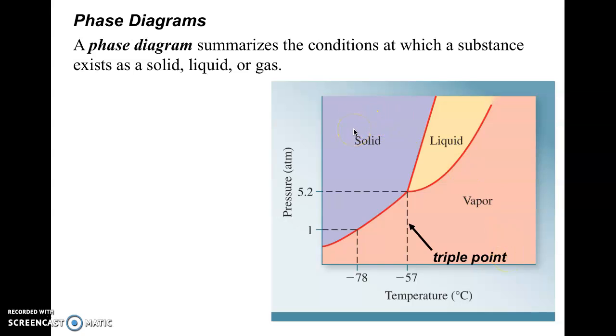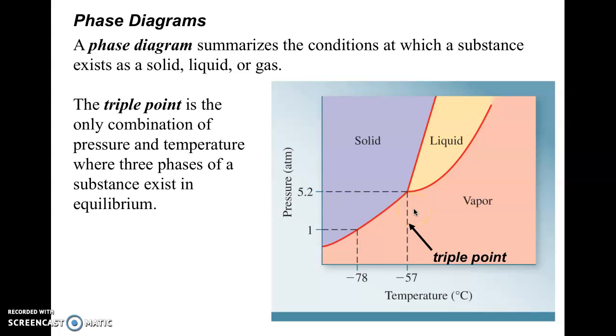The solid is going to be whenever you have a low temperature and a high pressure, it's going to push those atoms or molecules together so they form a solid, and then the liquid exists between the two. There are boundaries, and there is something where they all come together, and that is a triple point. And that's the only combination of temperature and pressure conditions where you can have a solid, liquid, and a vapor existing all at the same time.